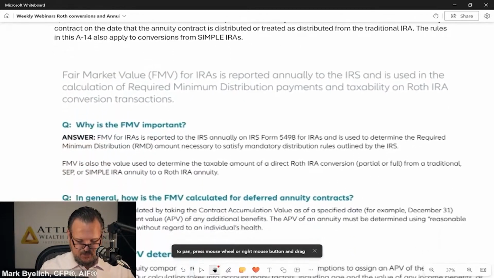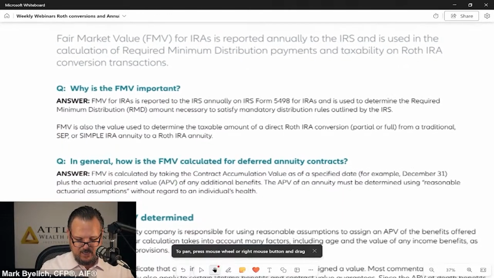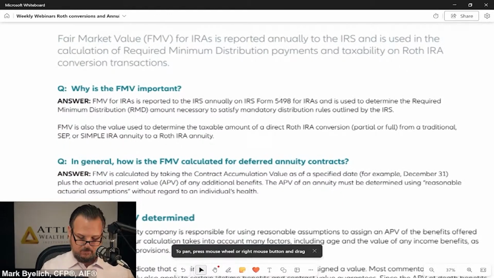But let's do this. This is a Q&A that I pulled off of a particular annuity company's website, and I tried to snip it so that it didn't refer to that company, and I hope I was successful. So the first question is, why is fair market value important?